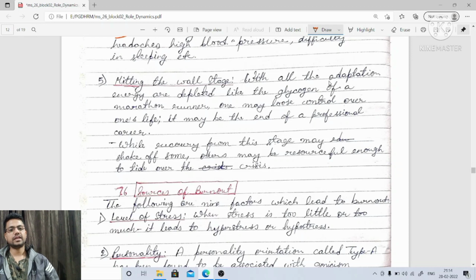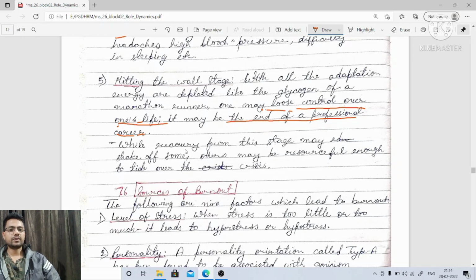It may be the end of a professional career. So that is the hitting the wall stage.